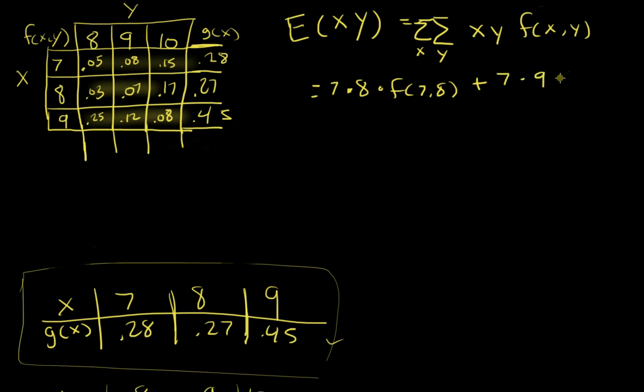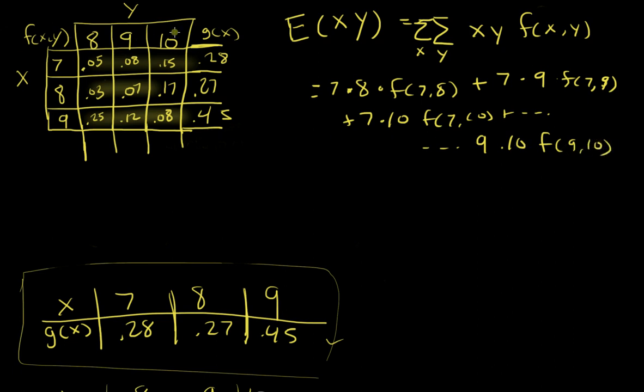7 times 9 times f of 7, 9. Plus 7 times 10 times f of 7, 10. Etc., etc., until you get to 9 times 10, f of 9, 10.